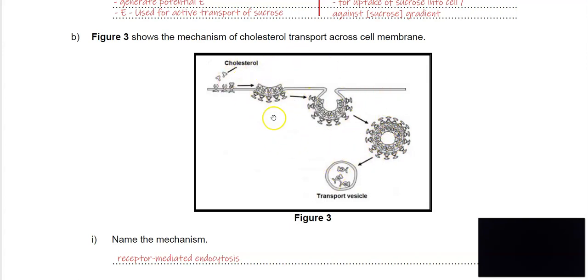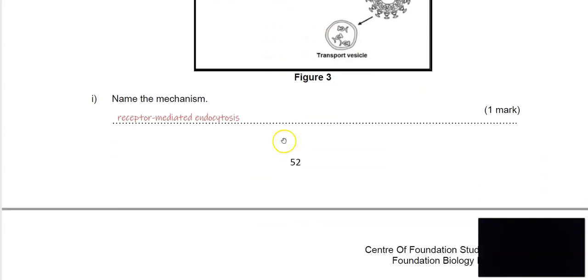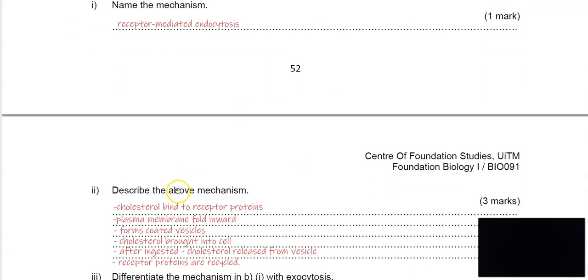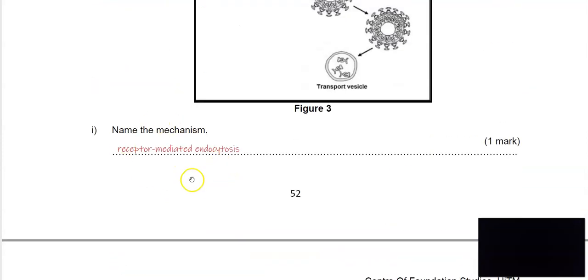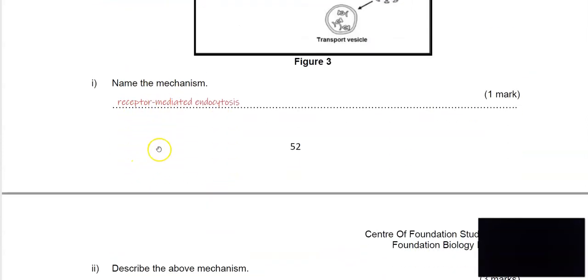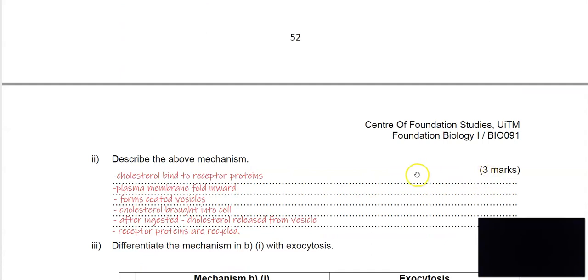Altogether we call it receptor-mediated endocytosis, which brings specific molecules into the cell in large quantities, in bulk. Now question 2: describe the above mechanism, the receptor-mediated endocytosis, worth 3 marks.